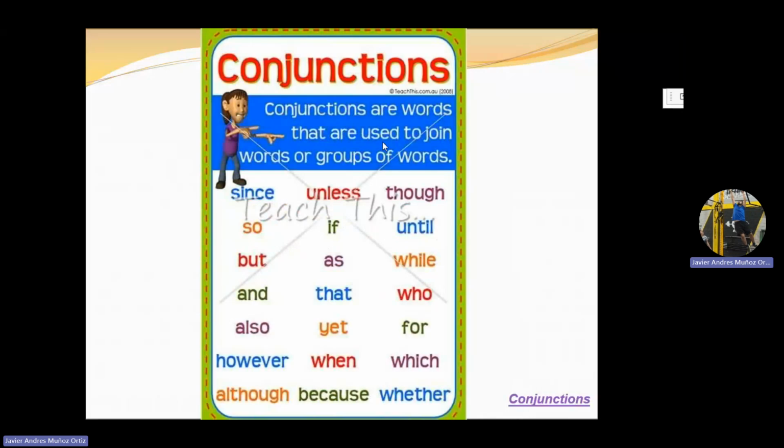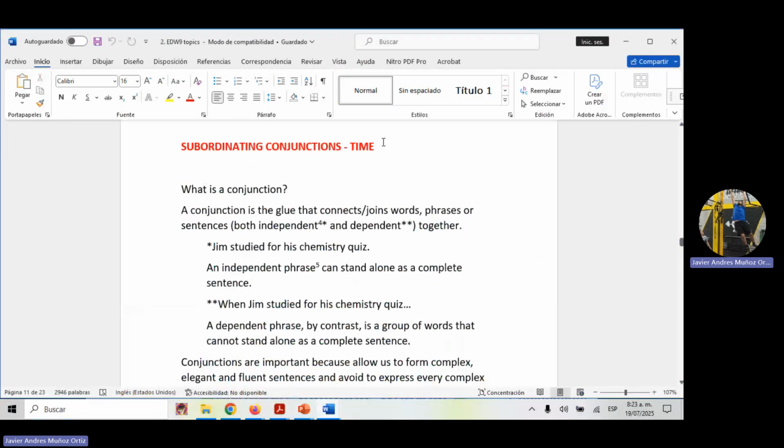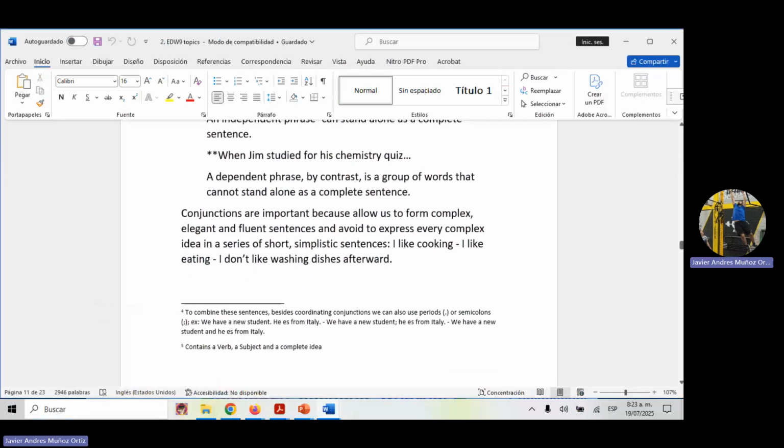It is like a glue. The objective of a conjunction is to join words to make a sentence, to make a paragraph, to make an idea stronger and more complex and elegant. So we can have something more interesting to mention, something more complex.